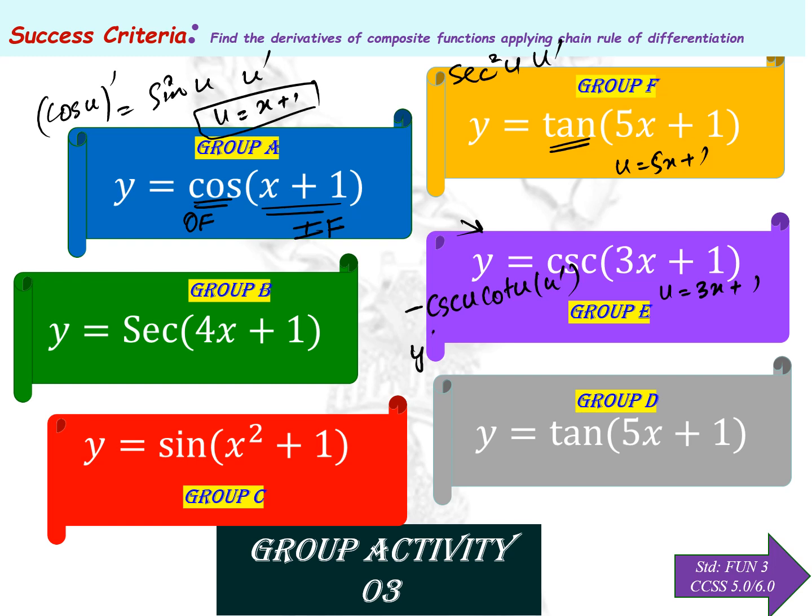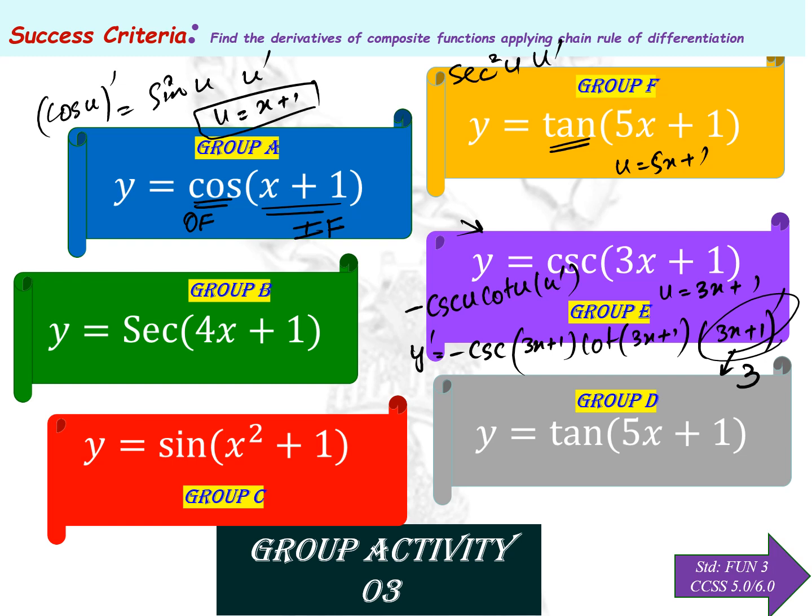In that case you will get negative cosecant 3x plus 1, cotangent 3x plus 1 and then 3x plus 1 with prime. And we know that the derivative of 3x plus 1 is 3. Just arrange that and that would be your answer.